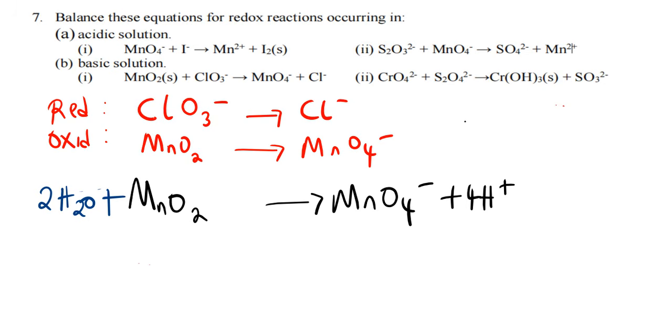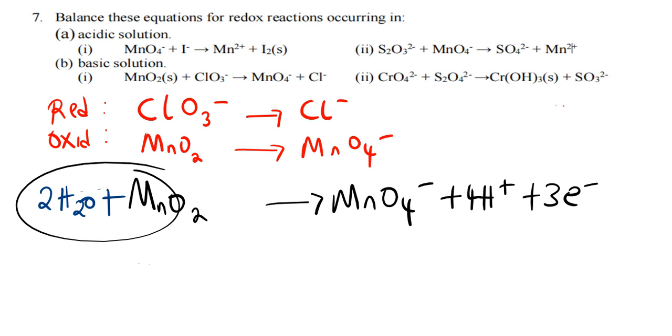Because I've got 3H plus as an excess, I'm going to add the 3 electrons on this other side to neutralize the charge, so that it also becomes neutral. We've balanced the charges. Then we come to the reduction half.